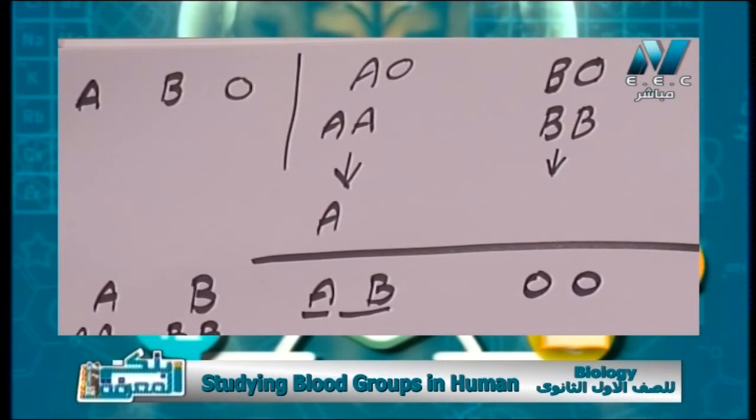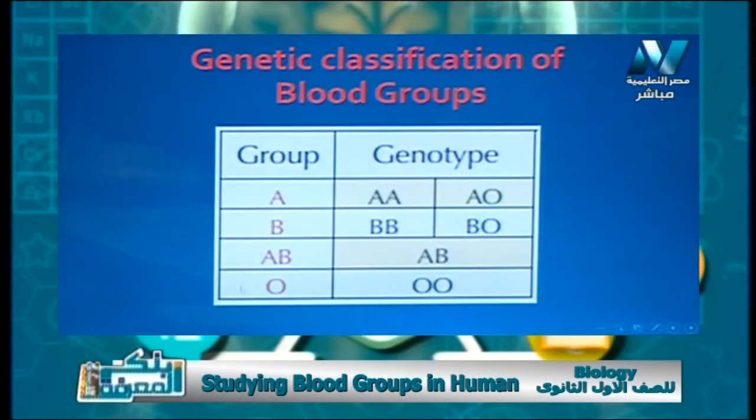So the studying blood groups include these 3 patterns. And here is the picture, which shows the groups A, B, AB, and O. And these names of the groups can be considered the phenotypes.